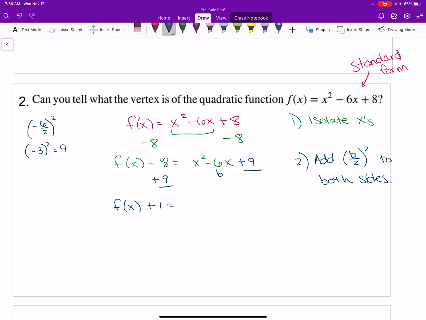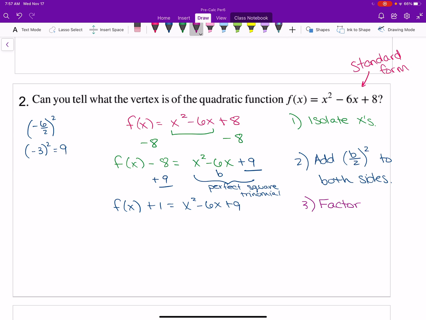And on the right, you just created what we call a perfect square trinomial. So this x squared minus 6x plus 9 is called a perfect square trinomial because you should be able to factor it and get the same parenthesis both times.